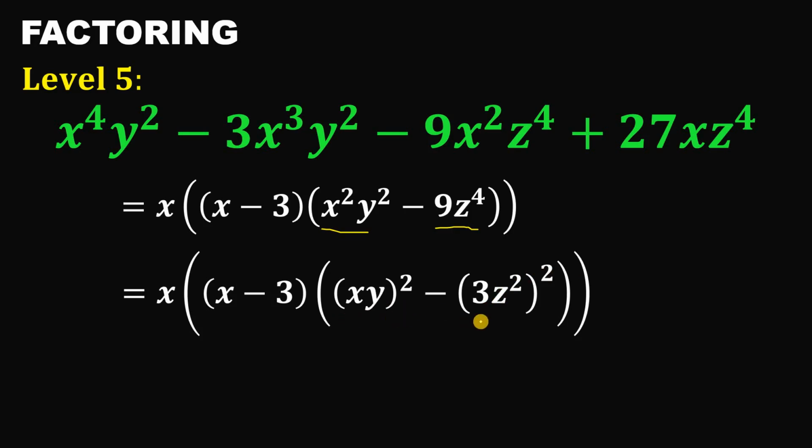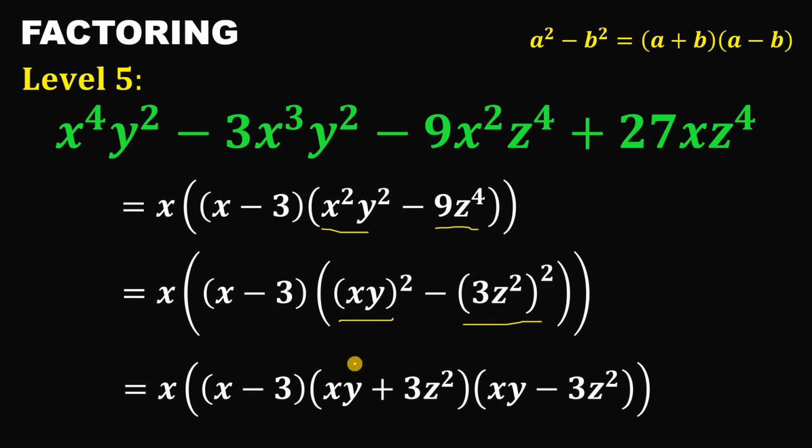Because we have here a square number minus another square number, we can use the difference of two squares. If we have a squared minus b squared, we can factor this as a plus b multiplied by a minus b. So we can factor this nicely as xy plus 3z squared multiplied by xy minus 3z squared.